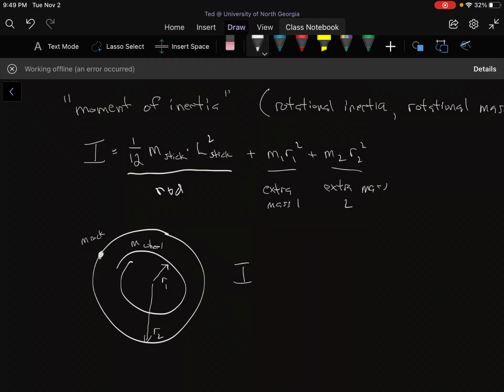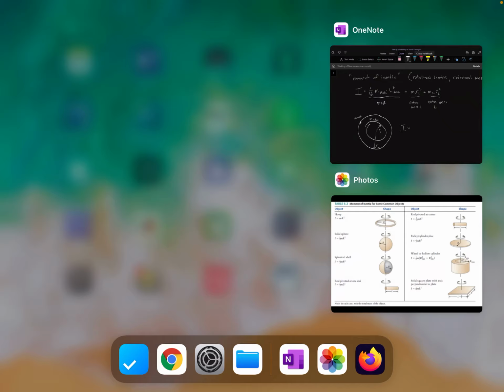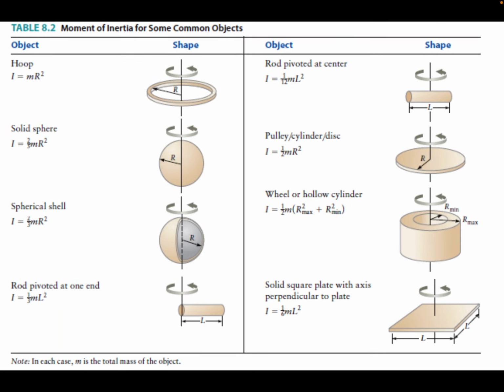We'd say, okay, the moment of inertia is the moment of inertia of the wheel plus the moment of inertia of the rock. So what's the moment of inertia of a wheel? It's 1/2 m (r max squared plus r min squared).